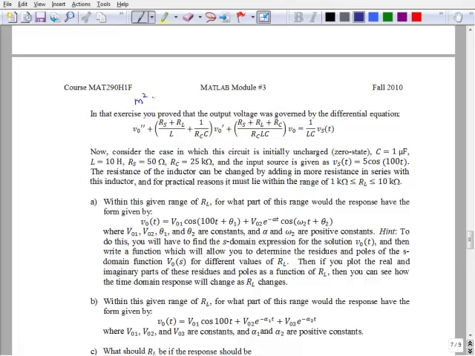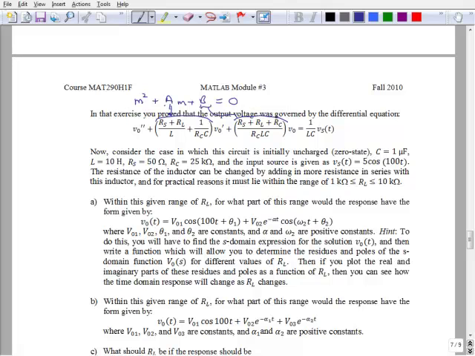And so these are vectors. So if I define a vector for RL, say with 1,000 points, then A and B will be vectors with 1,000 points, 1 point for every value of RL. And then I can use residue to calculate the residues and poles that are associated with this differential equation.